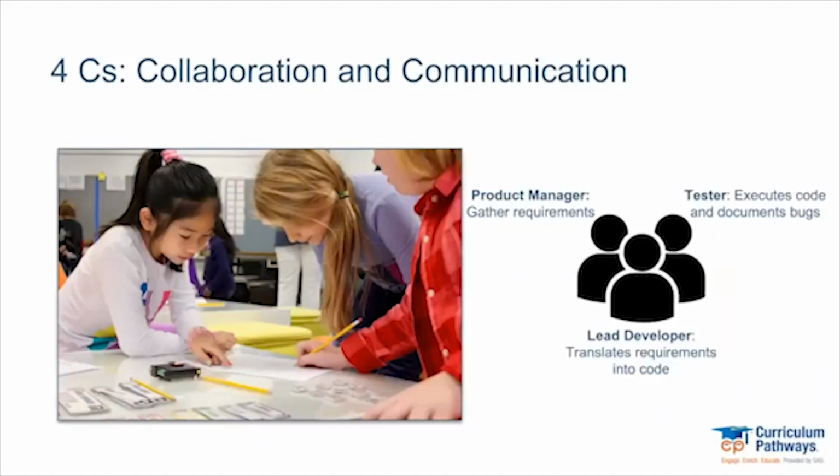For collaboration and communication, we often have students work together in teams that mimic the teams that we have when we're developing software. And so they're no longer working independently. They're having to communicate information back and forth because they each have a specific role.